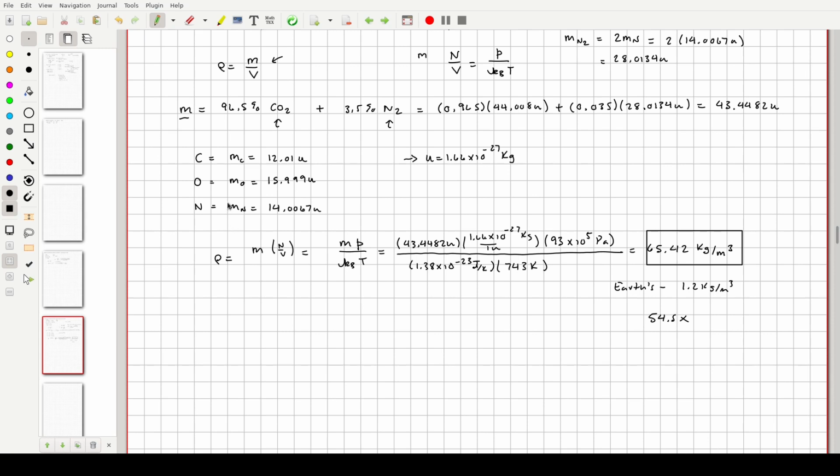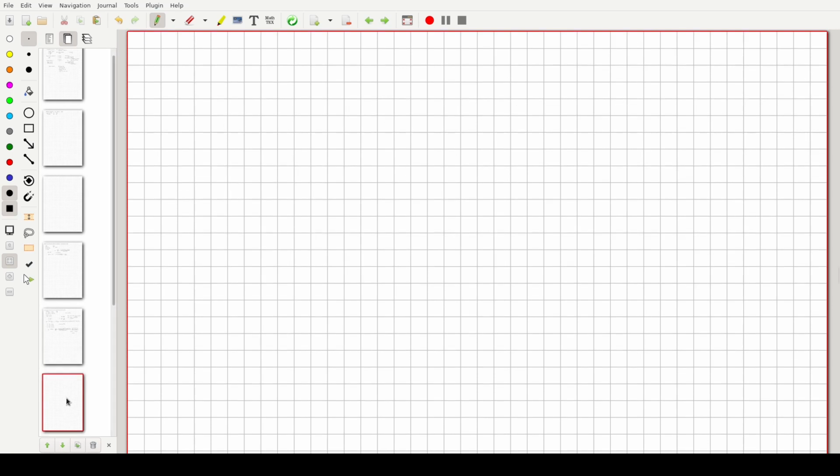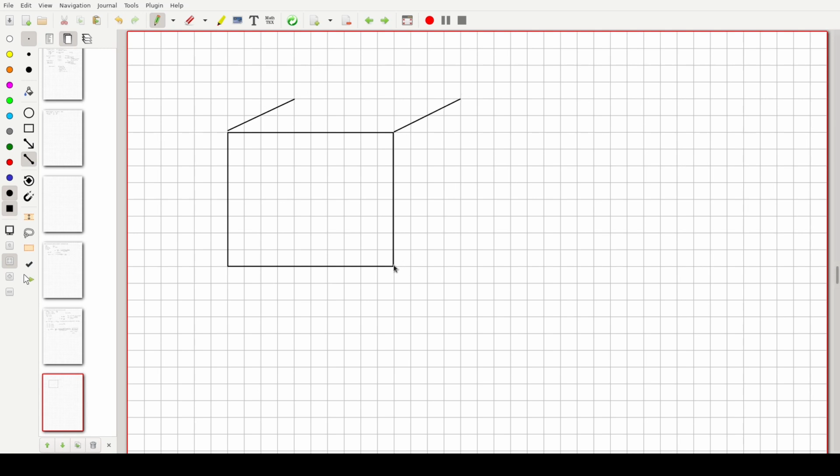Now, what I want to do is use the ideal gas law to help describe the relationship between temperature and energy. So what I want you to think about is a cube, a container, like this.